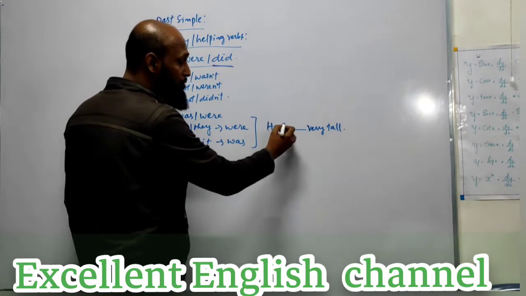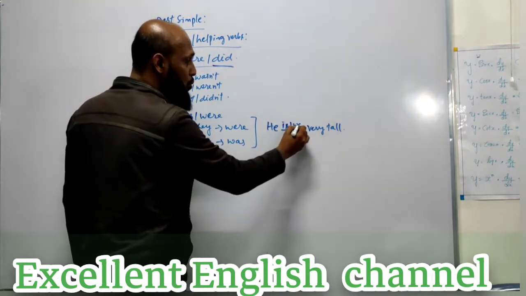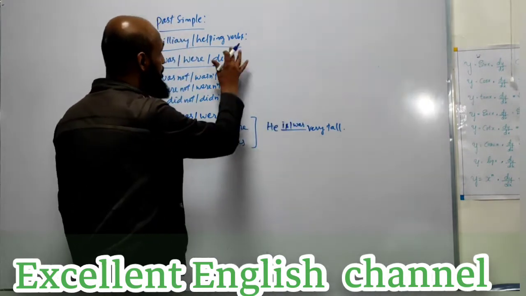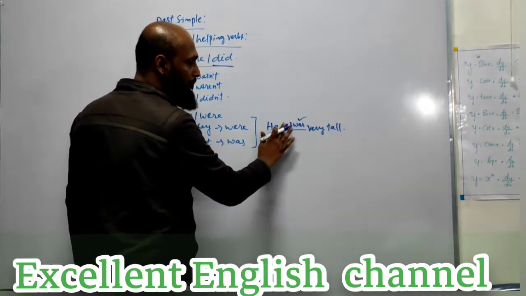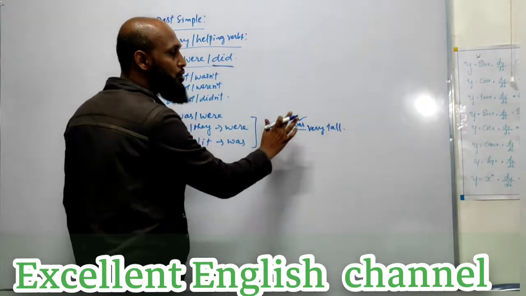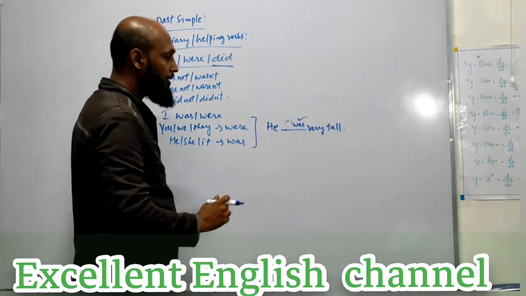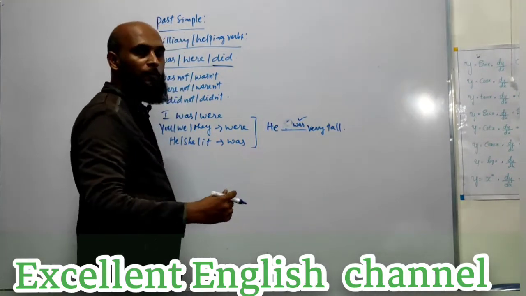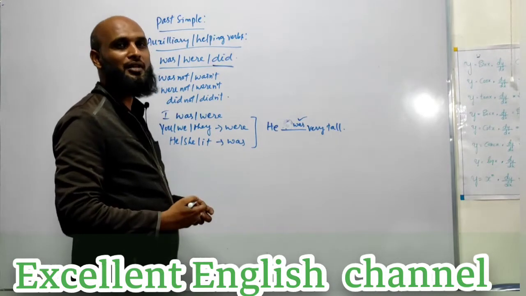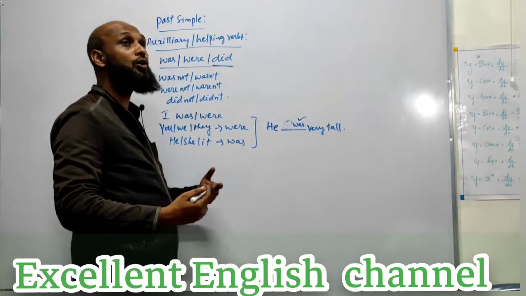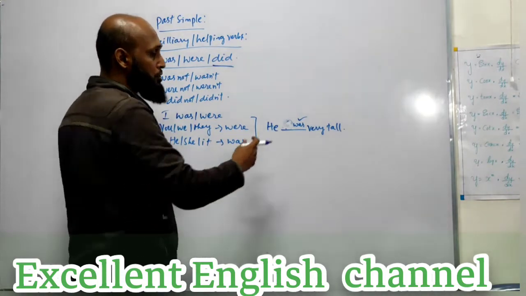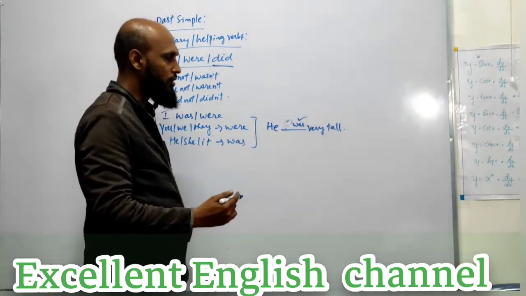You can use either is or was, but because we are talking about past simple, we are going to choose was here. He was very tall. Without this helping verb, we would not be able to understand in which tense we are talking. Is it present or is it past? So, he was very tall.